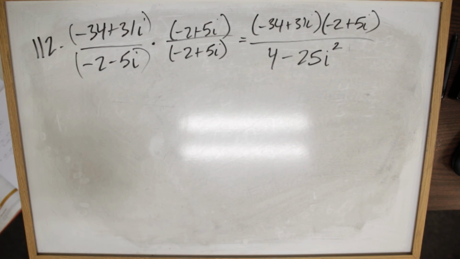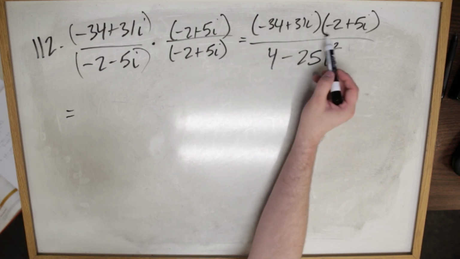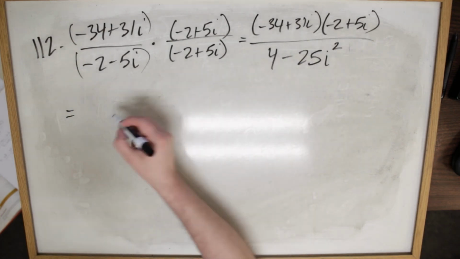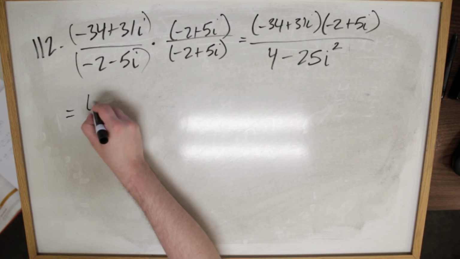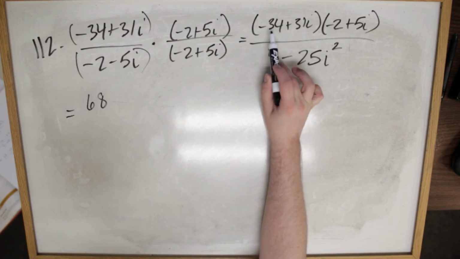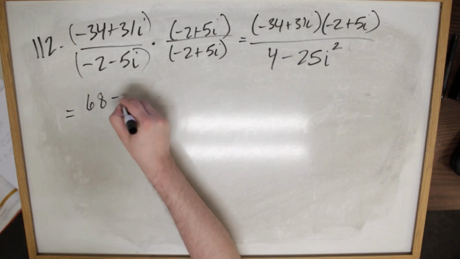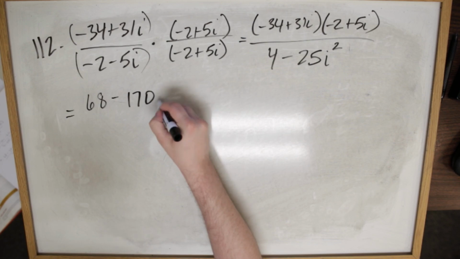All right, so let's go ahead and do the numerator. I think I'm going to need some space here. So this is going to be minus 34. We're going to FOIL this like normal up top. Minus 34 times minus 2 is going to be a 68. First outside, so minus 34 times 5, that is going to be a minus 170 times i.